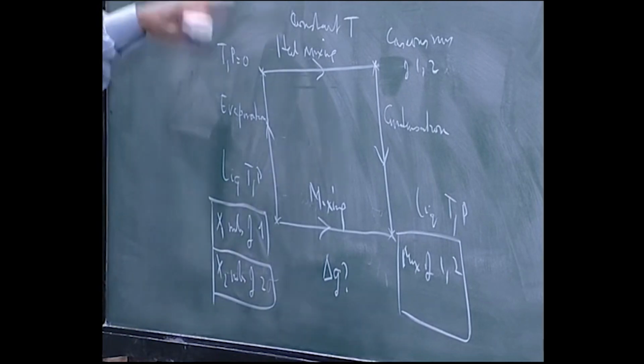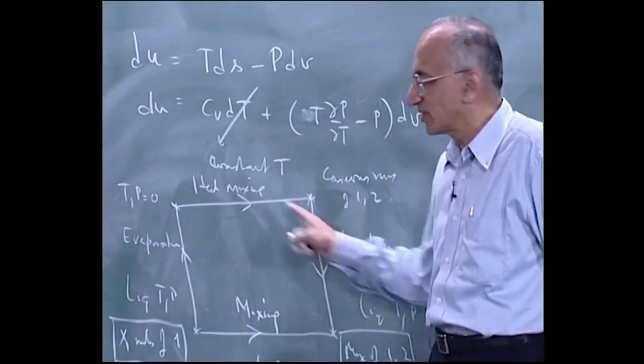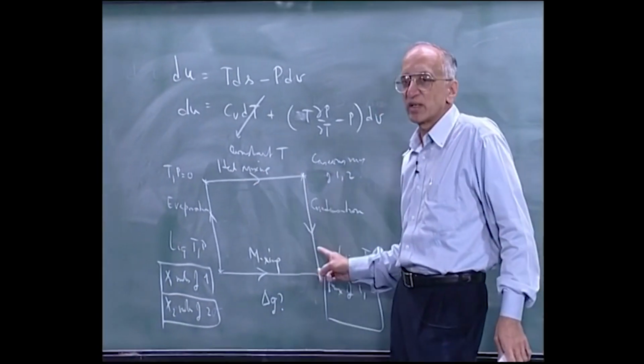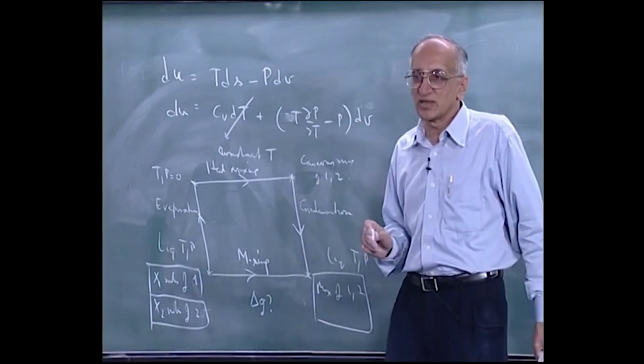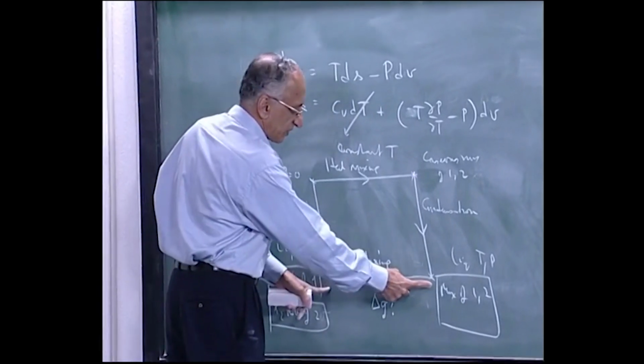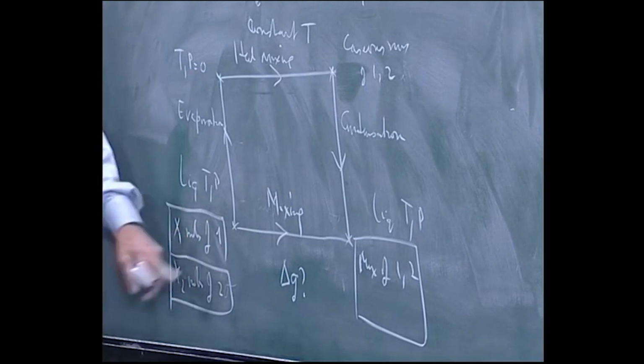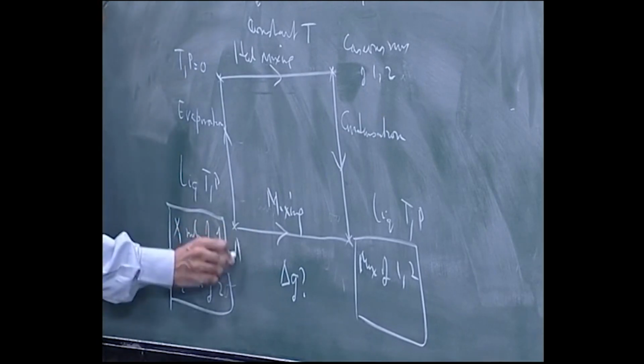Now he is looking at it step by step. If you look at this, you want only delta U for each of them, delta G for this is the same as delta U, delta G for these 3 steps, because G is a function of state, it does not matter if I calculate delta G from here to here or from here to here and then to here and then to here, and I add these. So we will call these A, B, C, D.